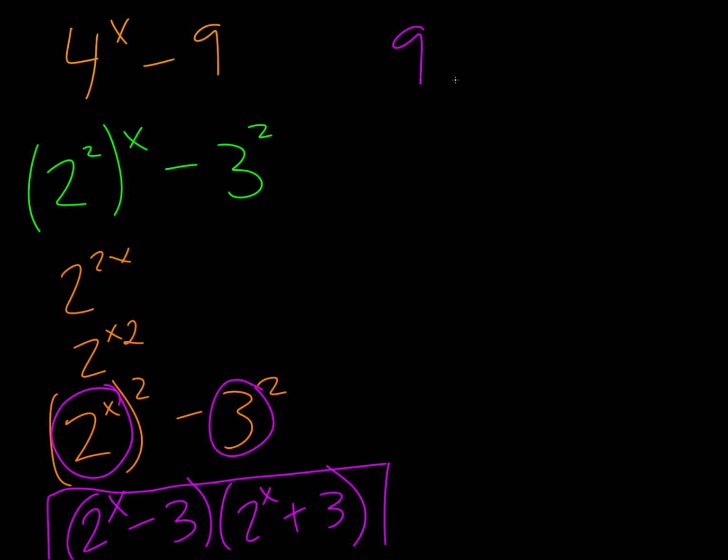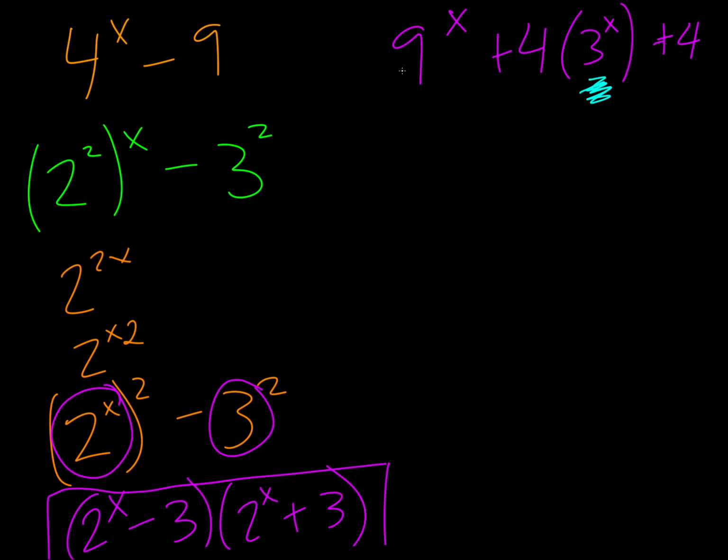And then the next one is 9 to the x plus 4 times 3 to the x plus 4. This is definitely one of the harder things for kids to wrap their heads around. Now they give us a big hint right here with this 3 to the x.